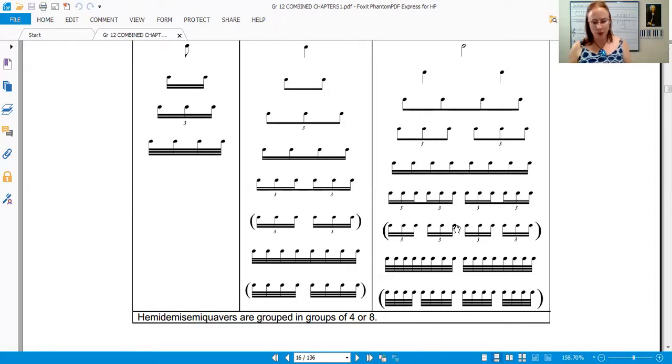And I just want to quickly show you, I forgot this example, hang on one sec. So this division that I'm using is in this book that I've written. It's for grade 12 subject music in South Africa. And I actually explained all these grouping rules in here.